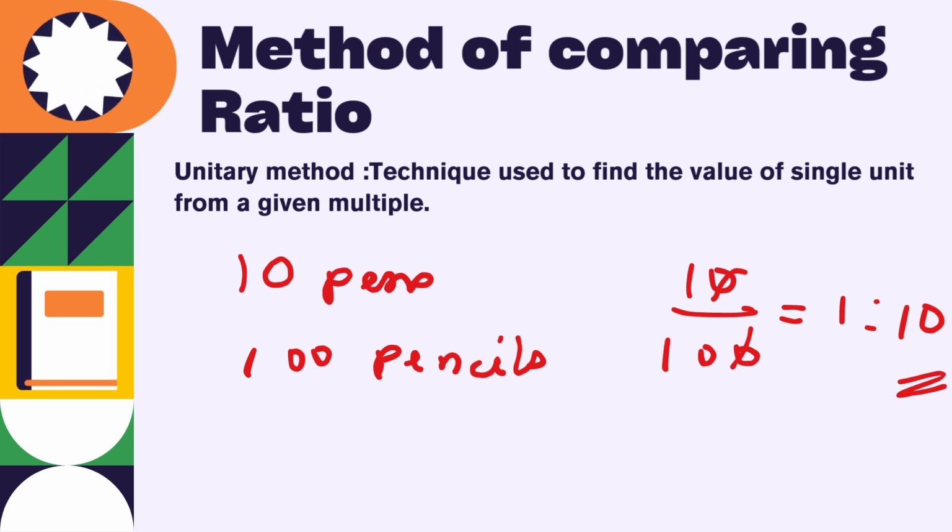For example, if there are 10 pens and 100 pencils, the ratio becomes 10 by 100, that is pens to pencils. So it is 1 is to 10, which means that for every 10 pencils there is one pen. Through these examples we can make them understand the unitary method.